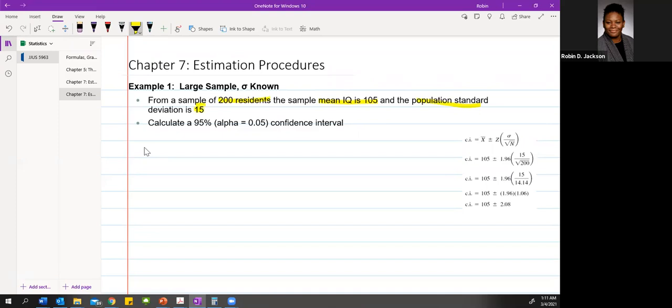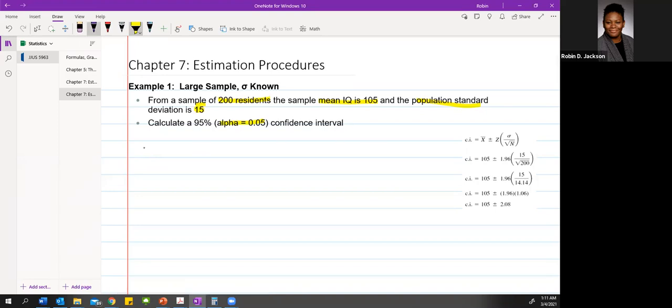We also know that our alpha is going to be 0.05 because they want us to calculate a 95% confidence interval. Remember what I said about the alpha: don't just go to the back of the book and look at table C for the area for 0.05. For a confidence interval, you've got to divide this by 2, then you look the number up. But we can look back and we already know what the z-score is for this.